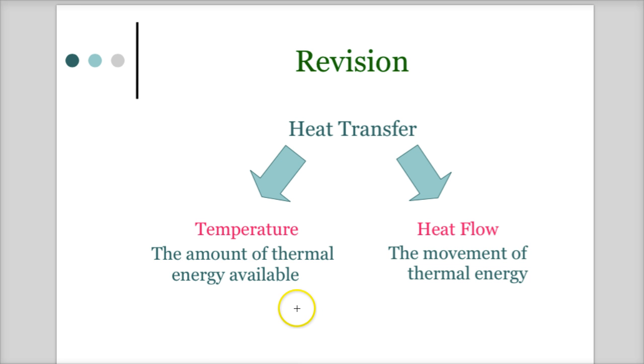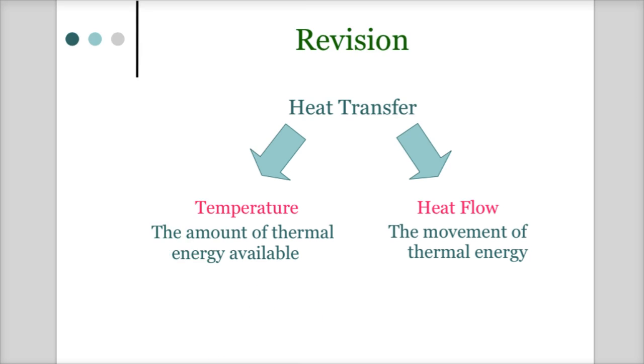The energy is mc delta theta, where delta theta is the difference in temperature. Anyway, we're going to concentrate on heat flow, the movement of thermal energy. Next slide. Alright, let's go down.